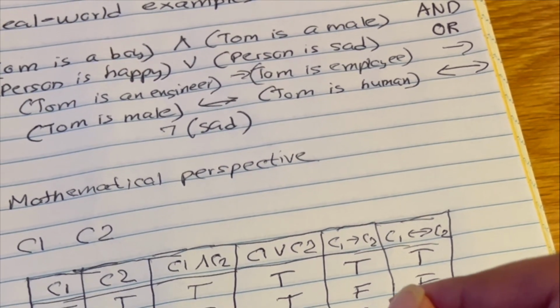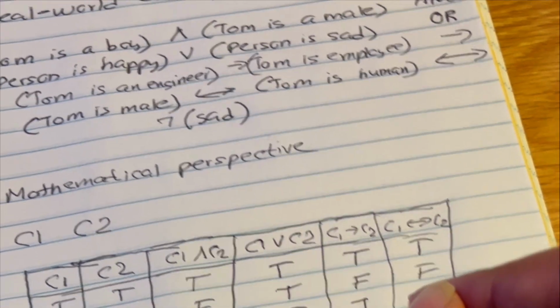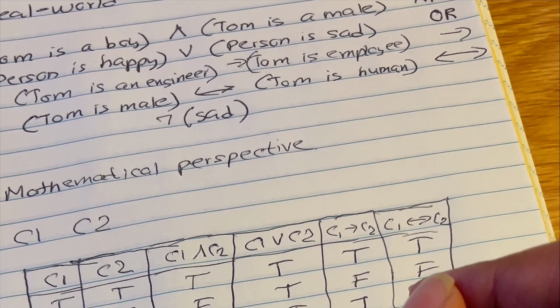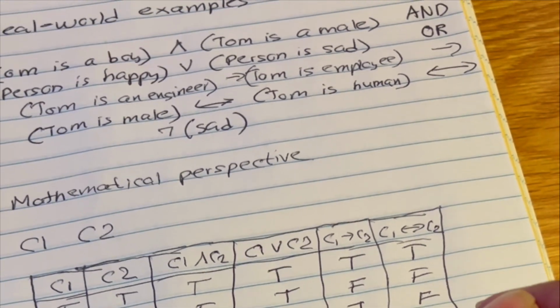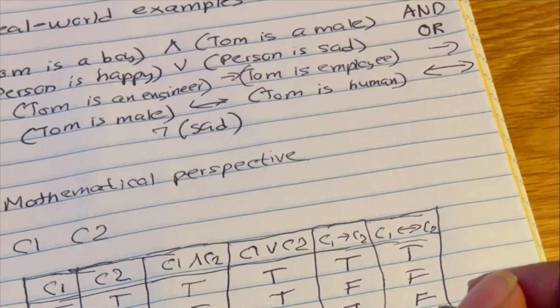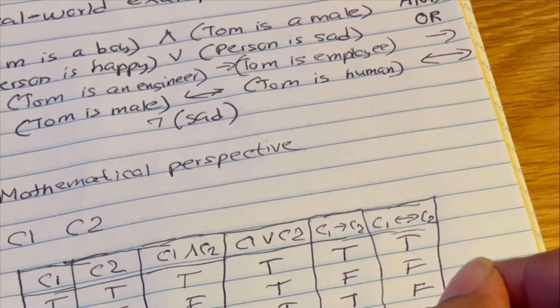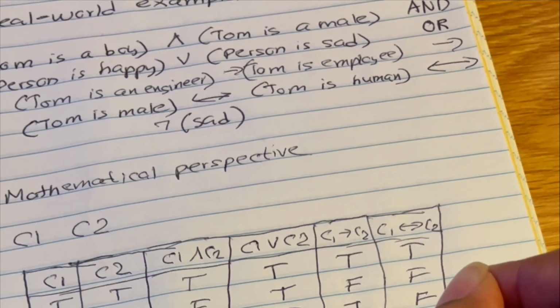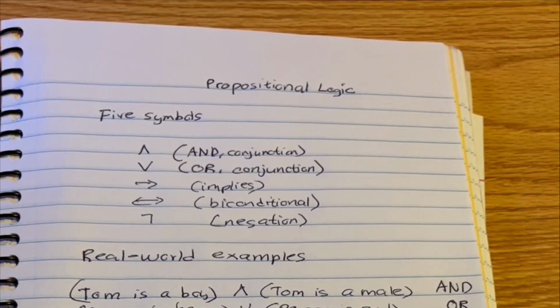Now, when we come to false implying false, it would evaluate to true. Something is false, it obviously is going to be false, and that would evaluate to true. And the same holds biconditionally as well. So that finishes the concept of propositional logic.